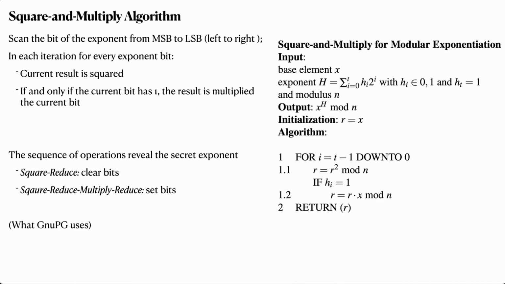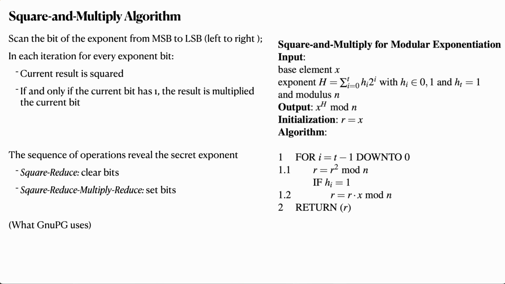A square and multiply algorithm is an extension of RSA. What it does is scan the bits of the exponent from the most significant bit to the least significant bit, which is left to right.